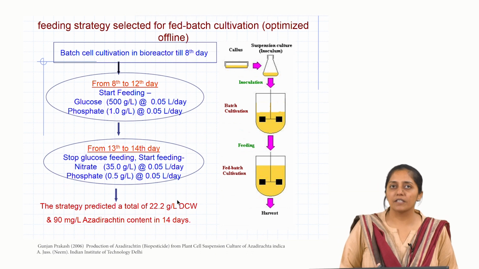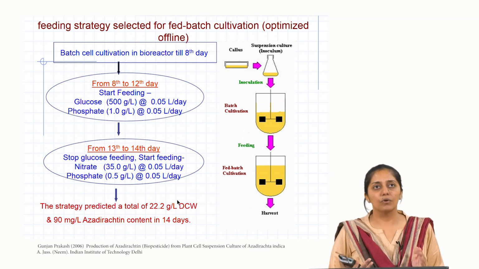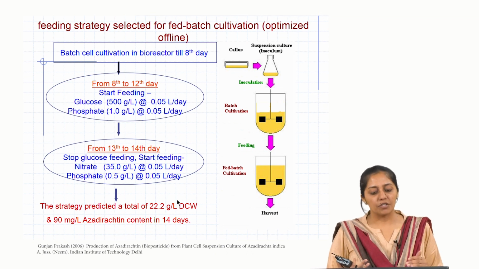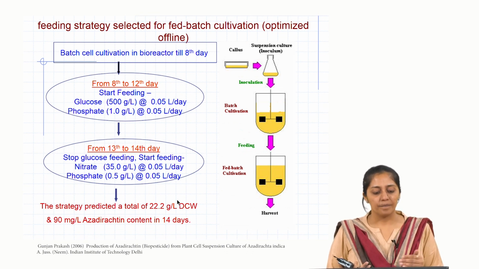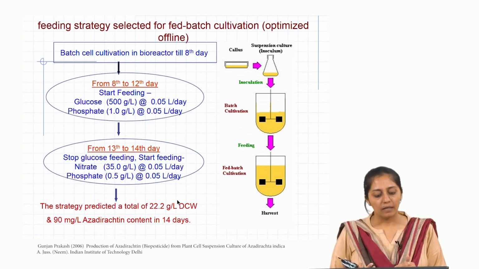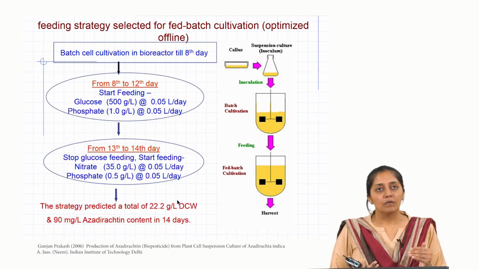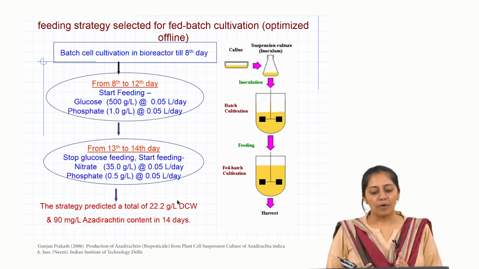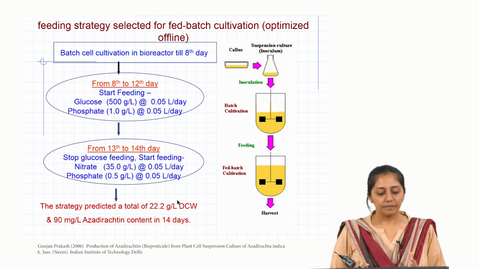So, the feeding strategy which was selected for fed batch cultivation was as follows. Batch cultivation was carried out in the reactor till the 8th day. Then from the 8th till the 12th day, glucose feeding of 500 grams per liter and phosphate of 1 gram per liter was done at a rate of 0.05 liters per day in the reactor.